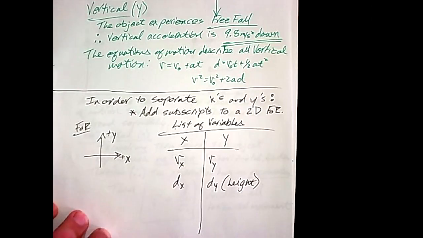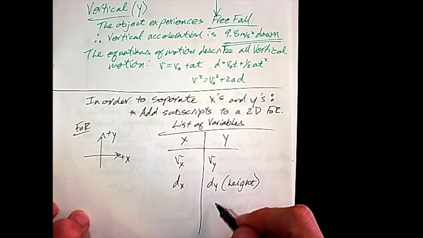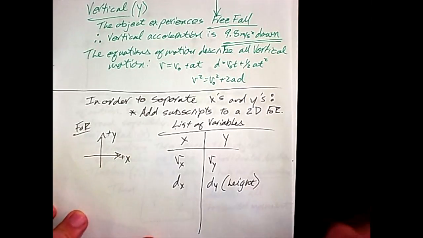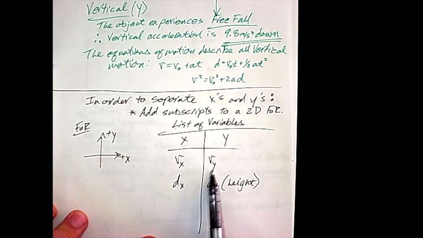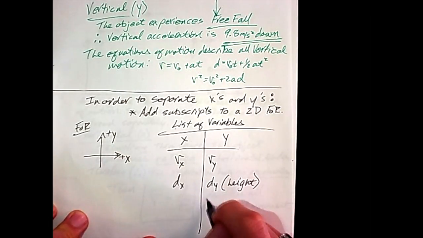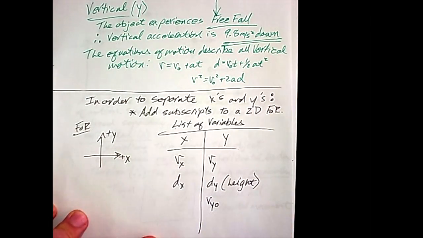Yes. The thing is, in the vertical column, because we have acceleration, we have a change in velocity, which means that this final velocity is related to an initial velocity, Vy naught. Initial vertical velocity, Vy naught. Now, second question is, why is there not one for Vx?